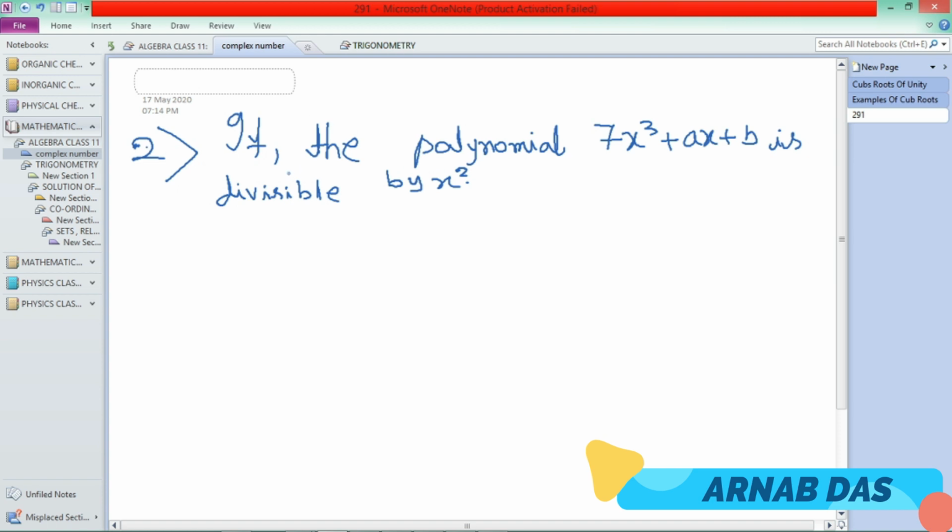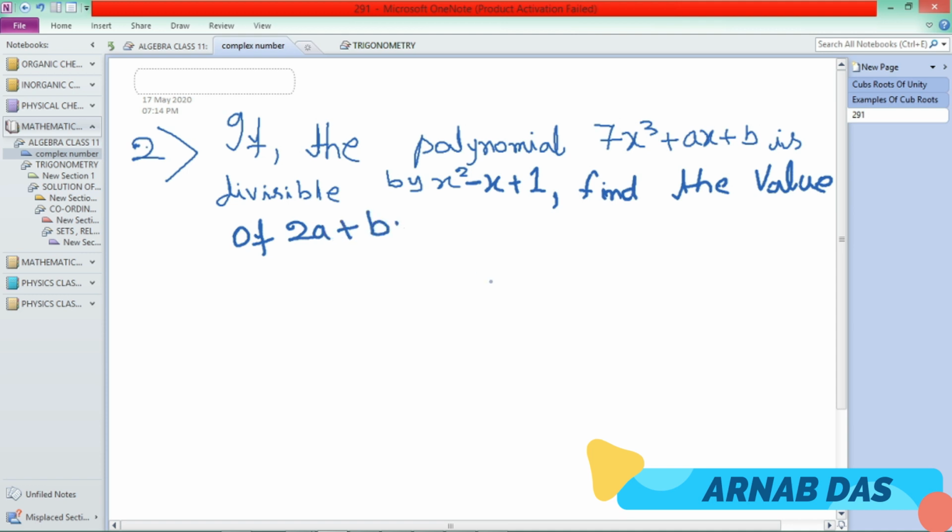If the polynomial 7x cube plus ax plus b is divisible by x square minus x plus 1, find the value of 2a plus b.